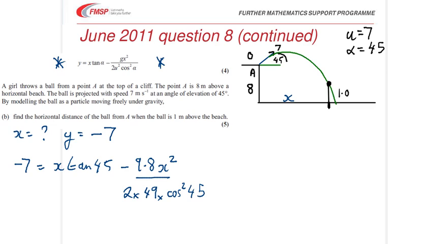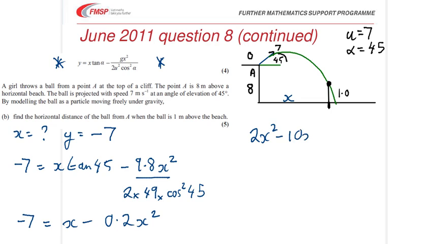So everything there we know apart from the x, and it turns into a fairly straightforward quadratic equation, which is minus 7 equals x minus 0.2 x squared. That's what that equation becomes when you put all the numbers in. And when you tidy that up and make it a bit more user-friendly as a quadratic, you get 2x squared minus 10x minus 70 equals 0.